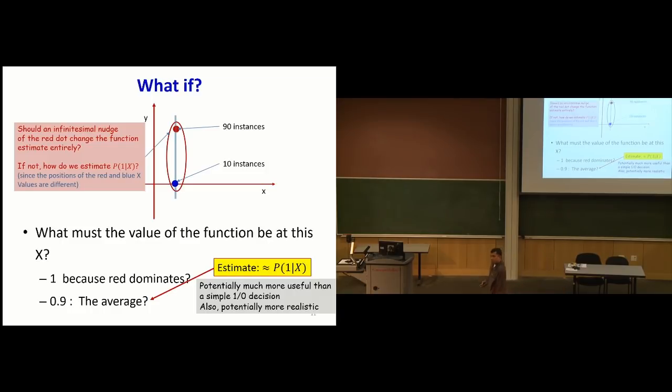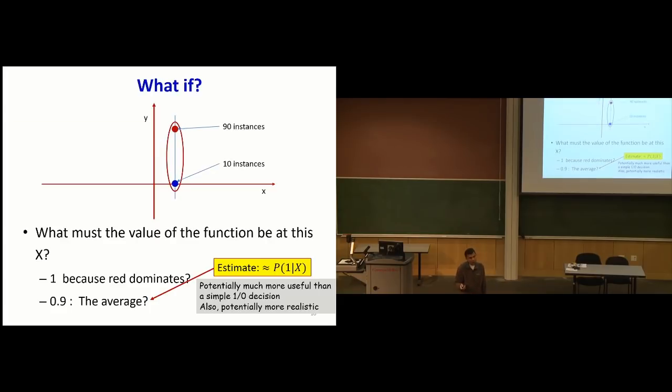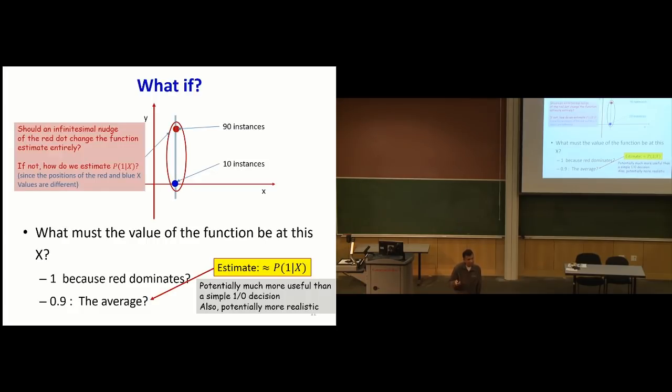I mean, just the fact that we thought the output of 0.9 made sense over here means that we really shouldn't be changing our opinion all that much just because there was a tiny change in the position of the points, right?